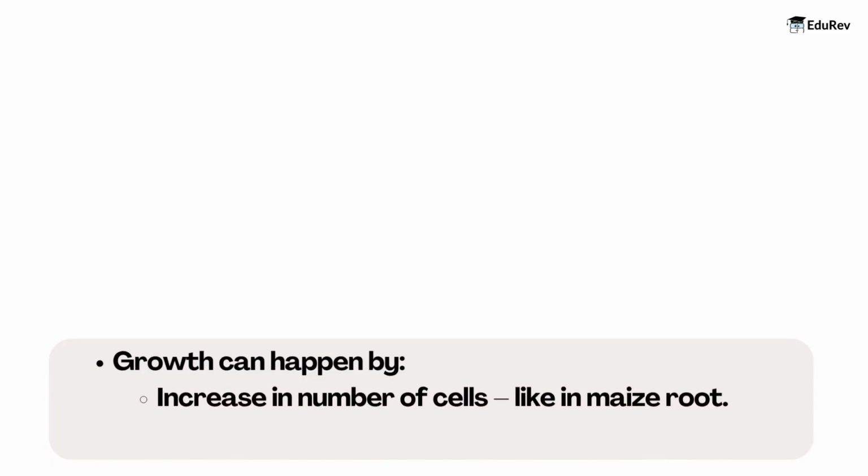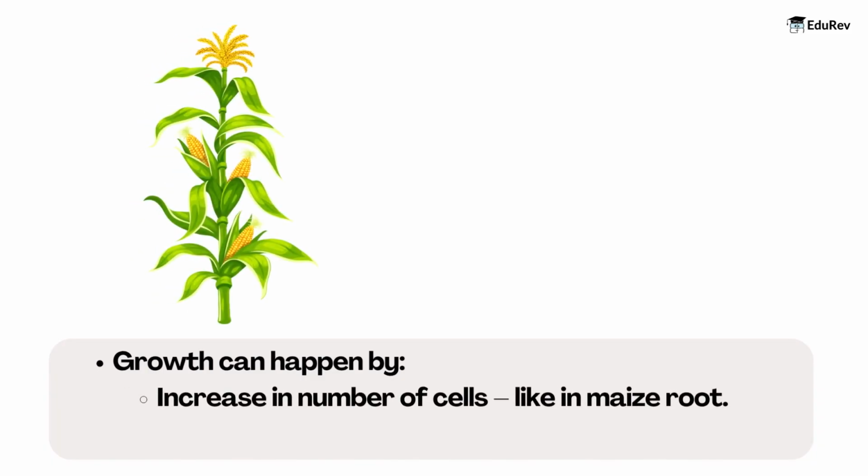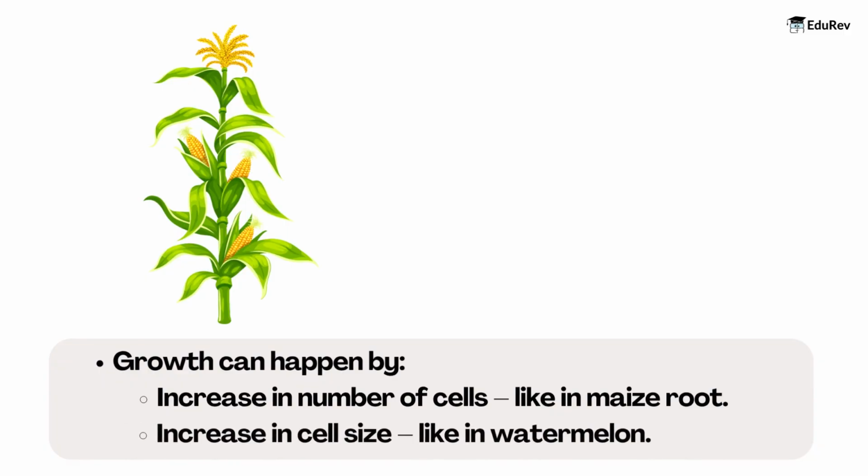Growth in plants can happen in different ways. One way is through an increase in the number of cells, as seen in the roots of maize. Here, many new cells are produced, adding to the overall size. Another way is by an increase in cell size, where individual cells grow larger.